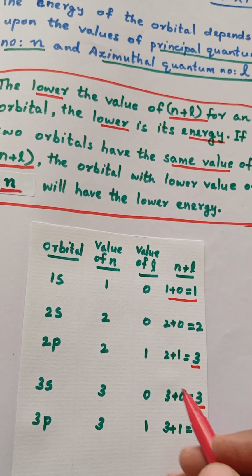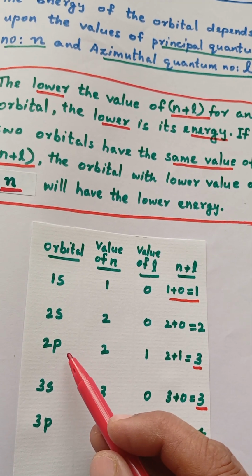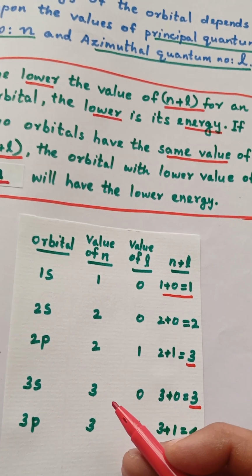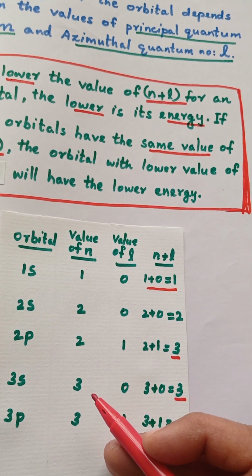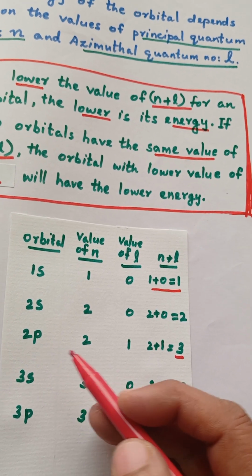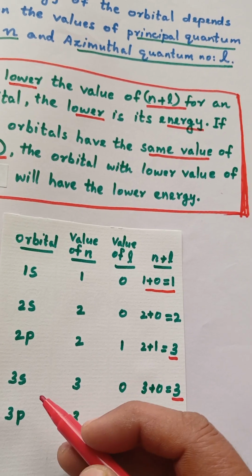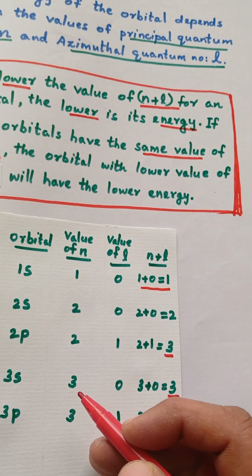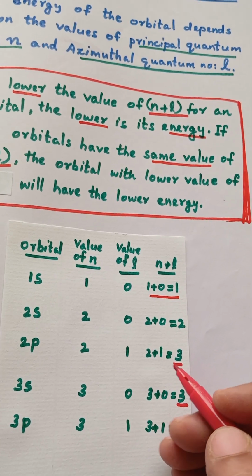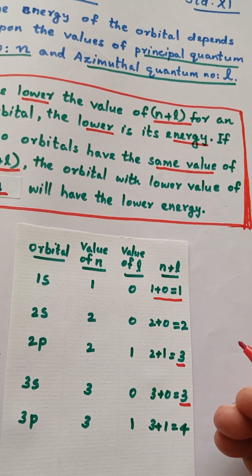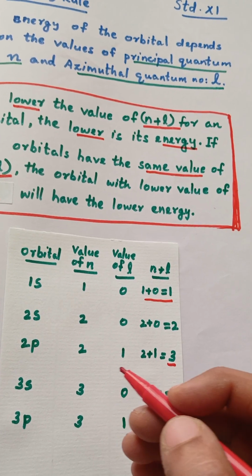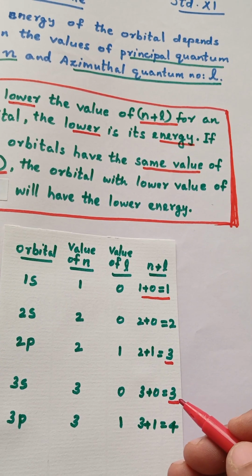But the 2p orbital will have lesser energy than the 3s orbital because the n value, the principal quantum number, for 2p is 2, and that for 3s is 3. So that is how we decide which one has more energy and which one has lower energy when the n plus L values are the same.